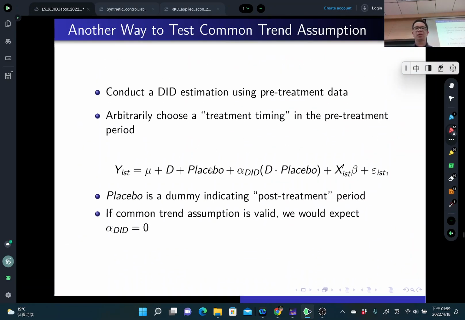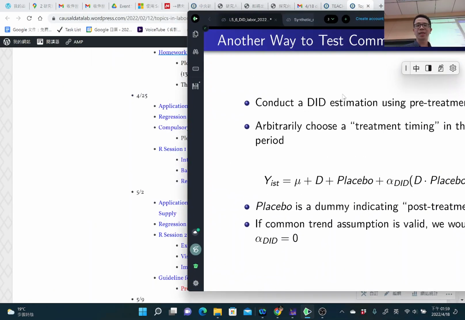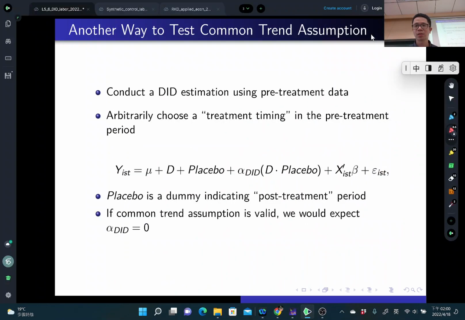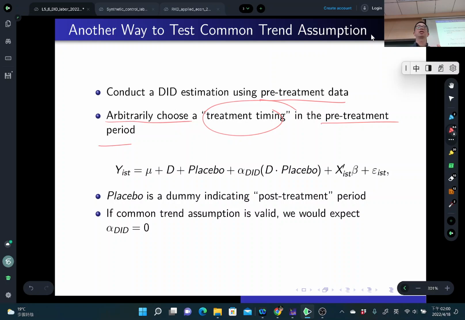Okay. So another way to test the common trend assumption, as I said in the last lecture, is to use the pre-treatment data. You can just use pre-treatment data and arbitrarily choose a treatment timing in the pre-treatment period. Like the EITC example.